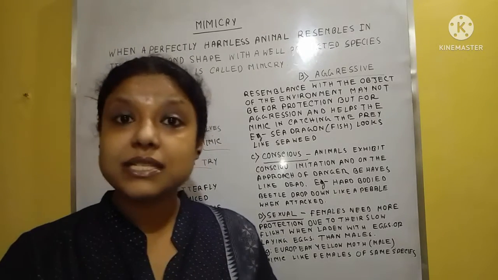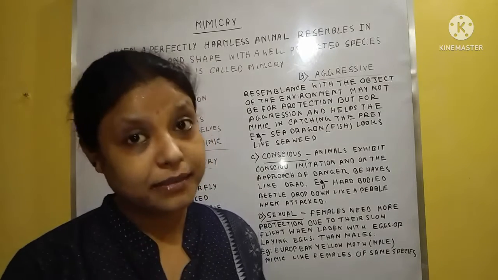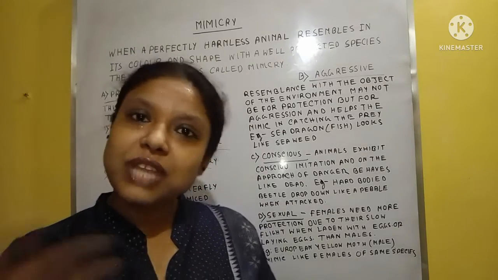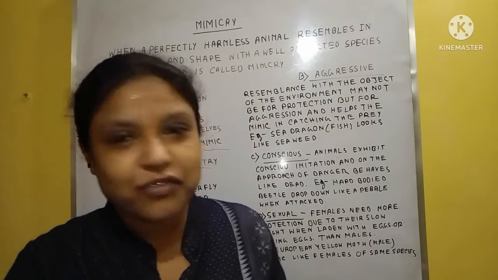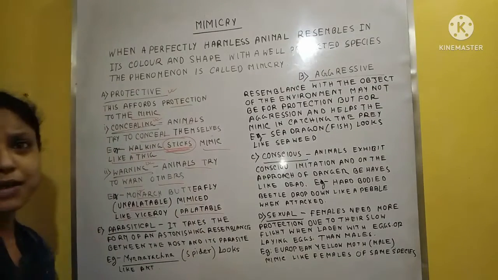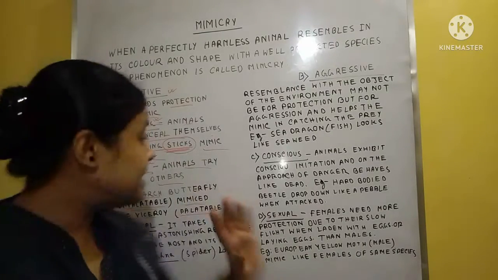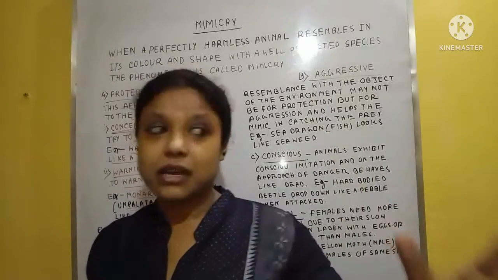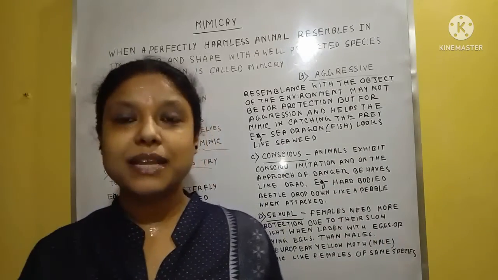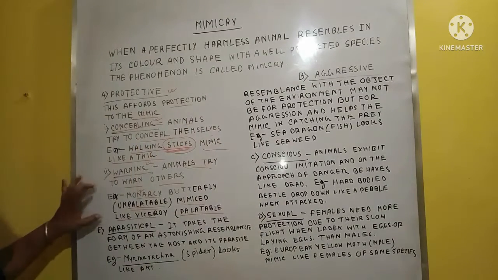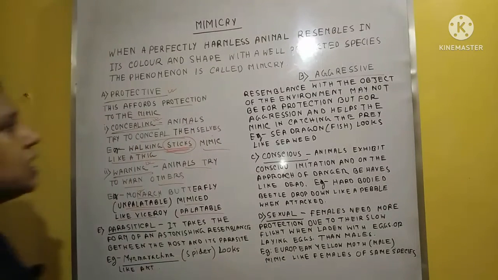Before tasting, you think this is palatable and you take it as food, but after taking it you find it unpalatable. So never target this type of butterfly or species. In that situation, both species, the unpalatable and the palatable, become safe. Clear? So this one is the warning.